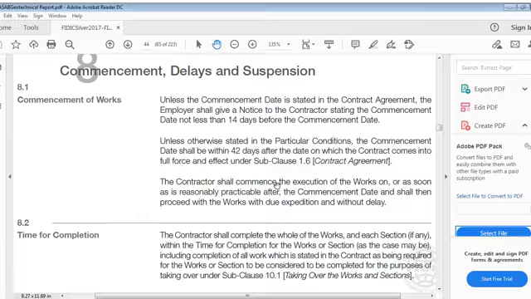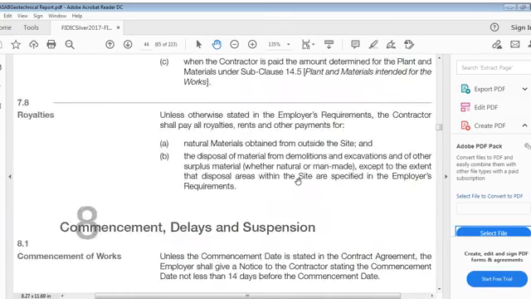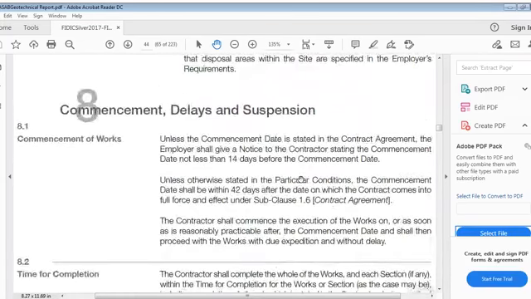Well, I've not explained it further in commencement, delays and suspension because I wanted to alert everybody. This is a very, very strong, powerful article of clause 8.1, or clause 8 you can say, which is here, 8.1 in terms of that.